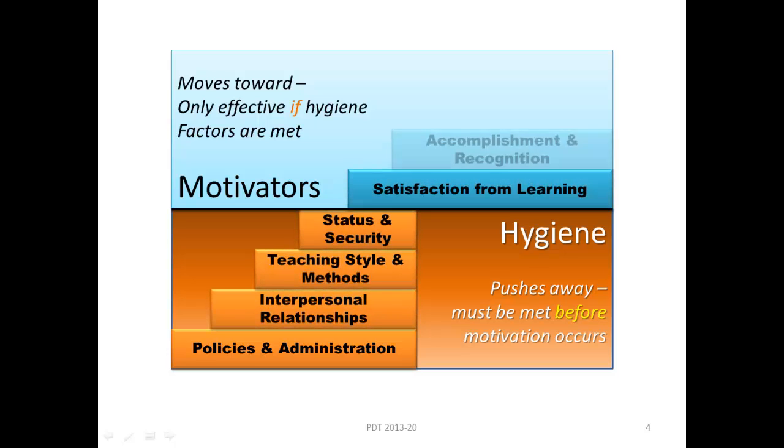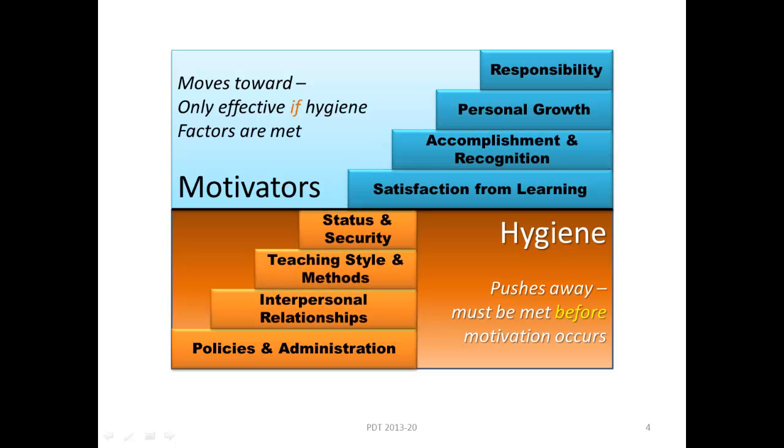Here we see some of the classroom factors, as described by Davies, that can be used in this model. Most of the hygiene factors have to do with the environment of the classroom, policies and how the classroom is run, how students get along with each other and with a teacher, how a teacher maintains control of the classroom, and how safe the students feel along with their perceived status.